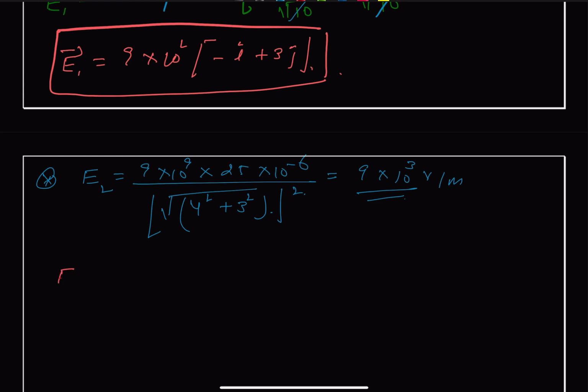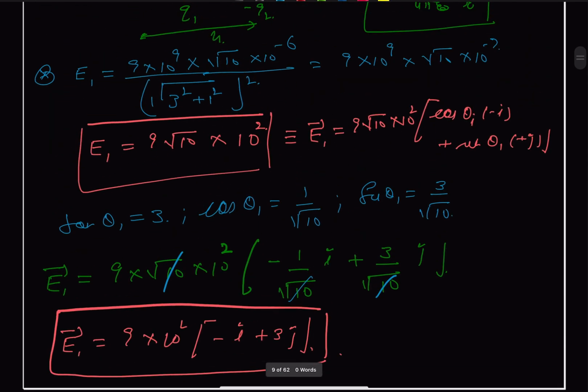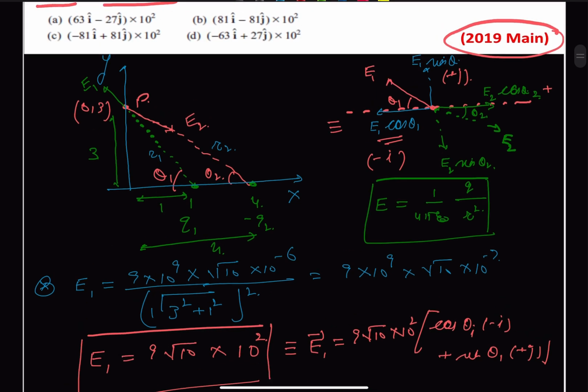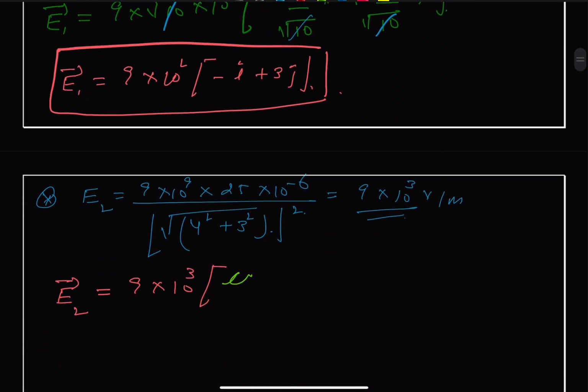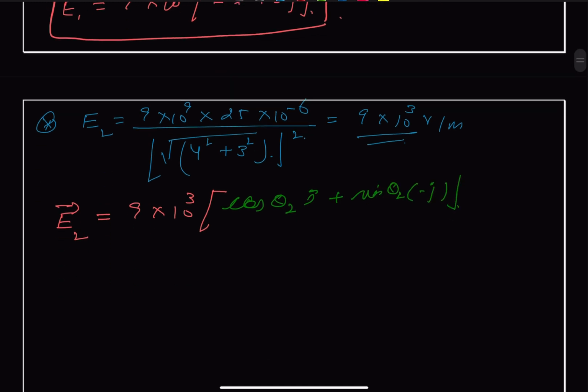That is, our E2 vector magnitude is 9 into 10 raised to the power 3, and our E2 is plus I, and this is minus J. So we can write this as cos of theta 2 I, and this comes as plus sine of theta 2 and minus of J. And we can easily find out our cos of theta 2 as well as sine of theta 2.